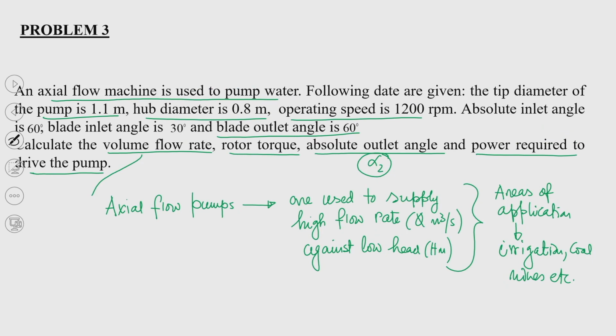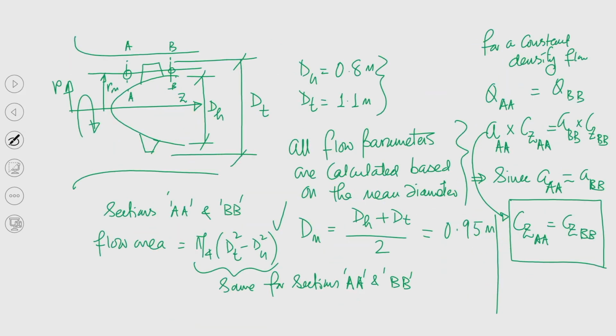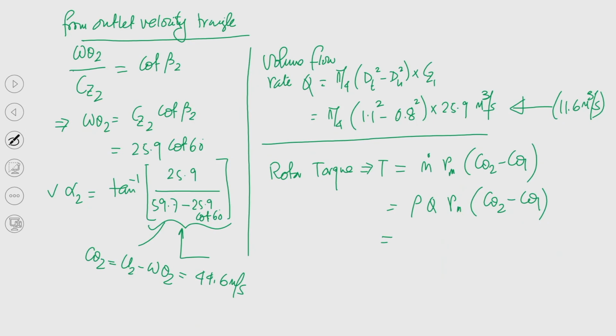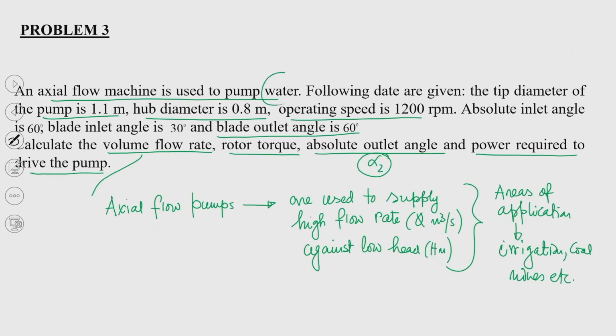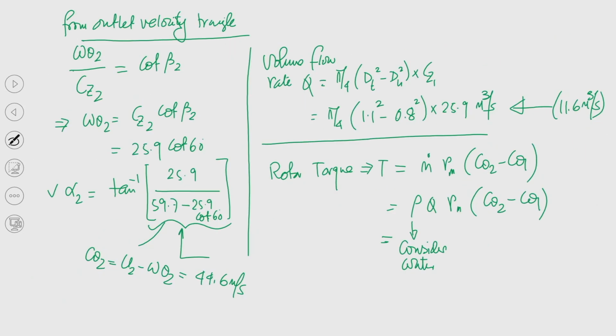Nothing is said about the density, but if it is water, then we can consider this. Water is what is mentioned, so you can easily plug in the value of density over here, and Q is 11.6 meter cube per second.